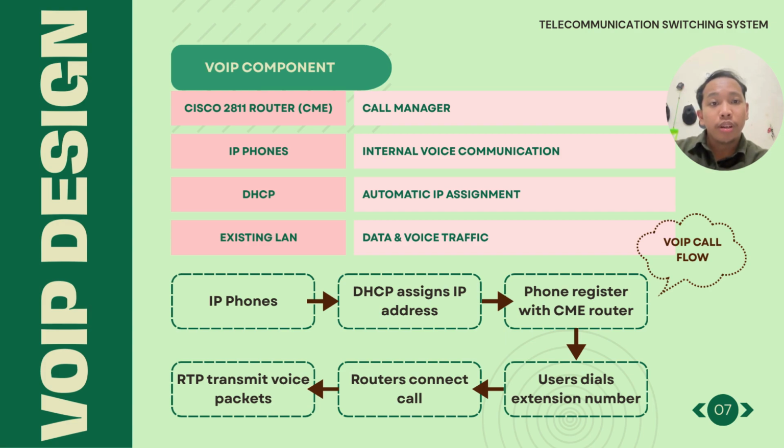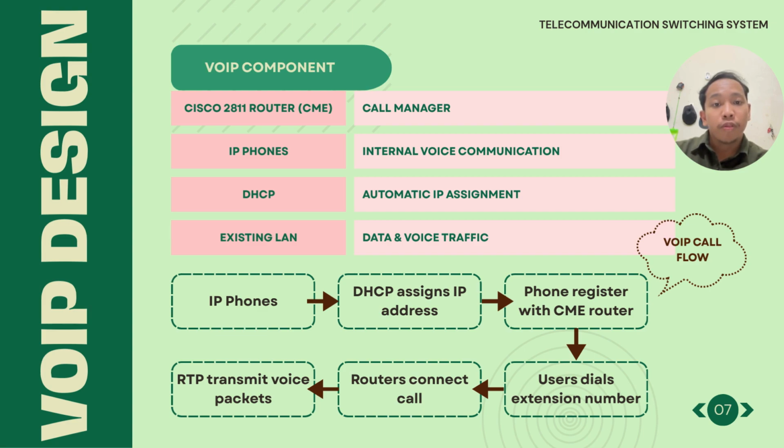Next, I will explain the VoIP components used in our network. The main device is the Cisco 2811 router which acts as the call manager, or Cisco Unified CME. It controls call processing and manages all IP phones in the network. The IP phones are used for internal voice communication between users.